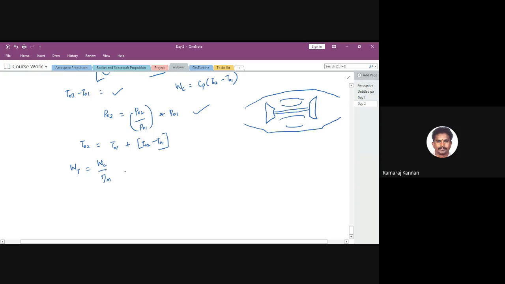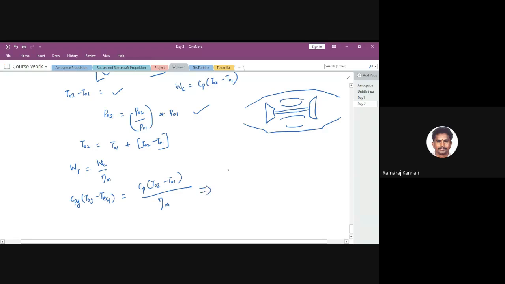Now across the turbine, the temperature drop for a unit mass flow, CPG into (T03 minus T04), is equal to CP into (T02 minus T01) divided by this one.